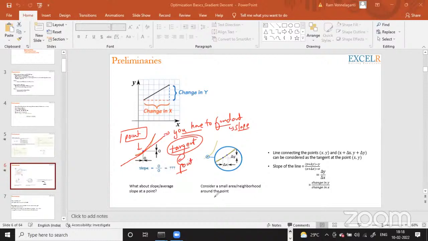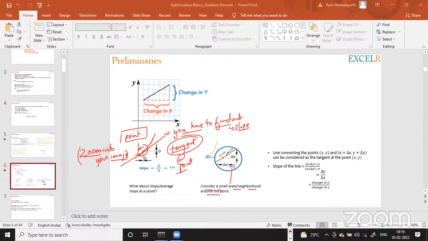Now when you draw a tangent at that point, consider a small area or neighborhood around that point. If you zoom into your image and select a small neighborhood around this tangent point, a small region, now what can you do?